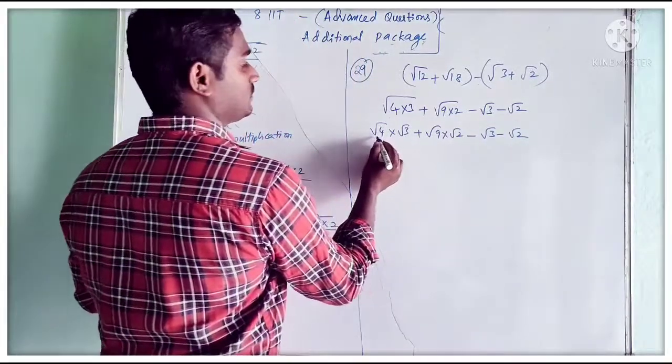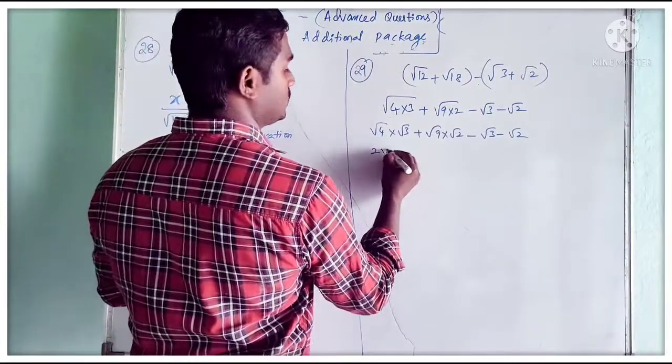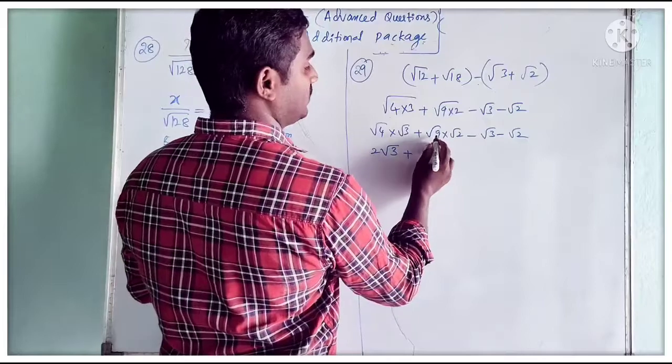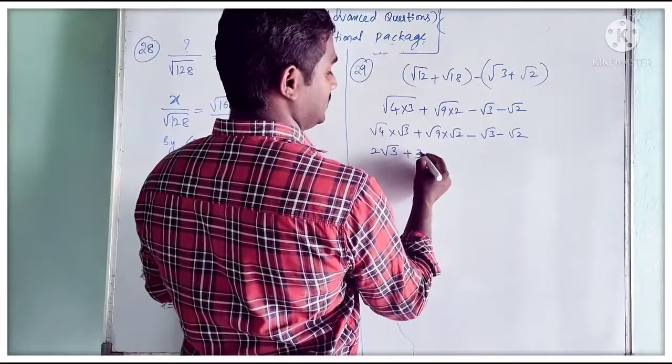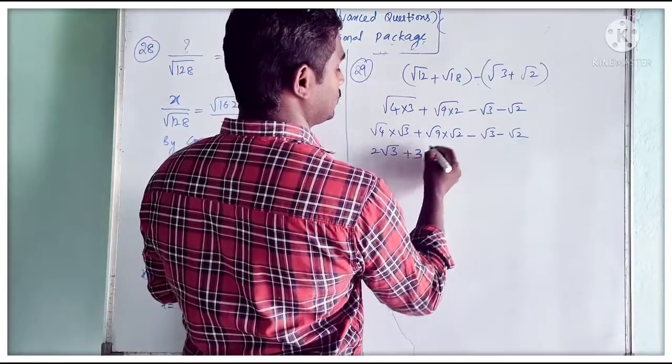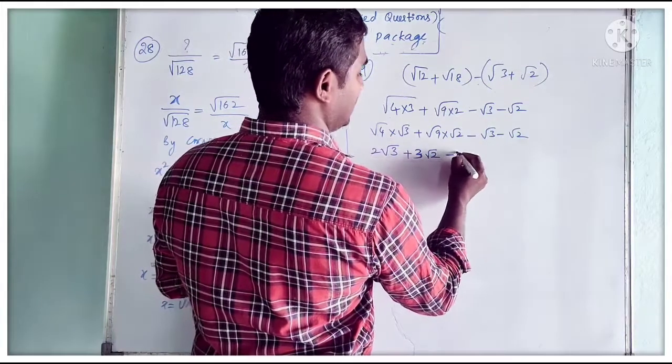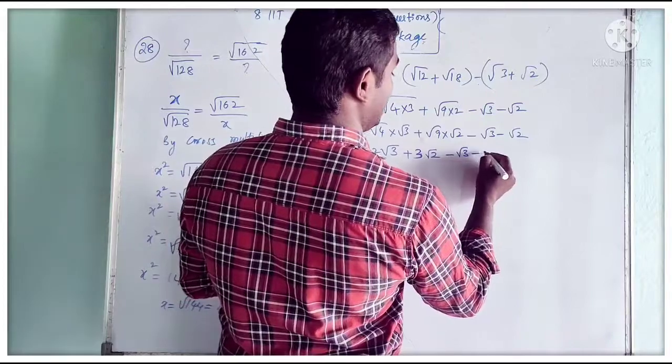So square root of 4 is 2. So 2 into root 3, 2 root 3, plus square root of 9 is 3. 3 into root 2, 3 root 2, minus root 3 minus root 2.